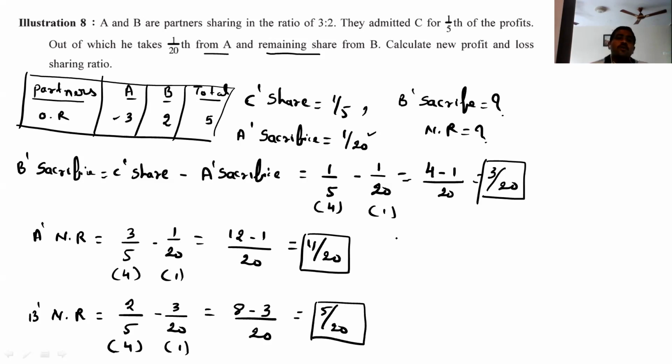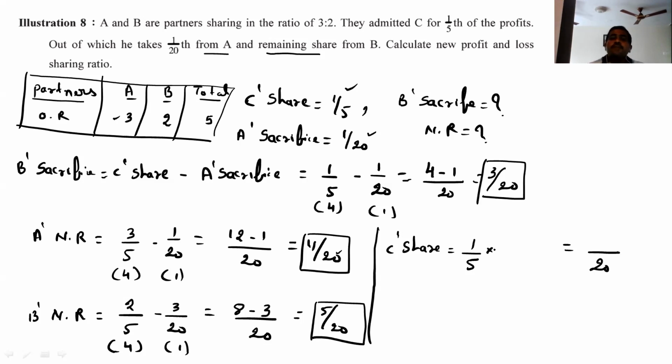Now the new one, that is C. C's share is already given to us, that is 1/5. Here we just have to make our denominator the same, 20.